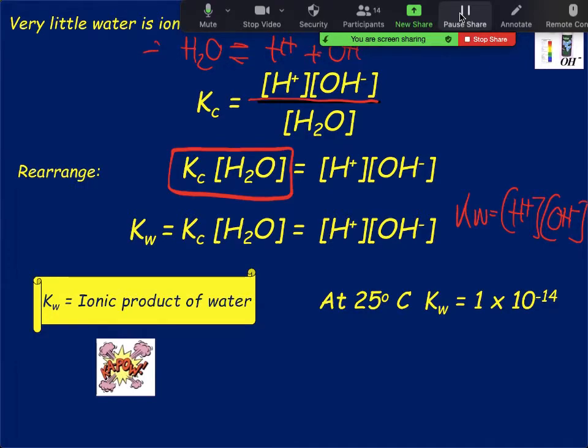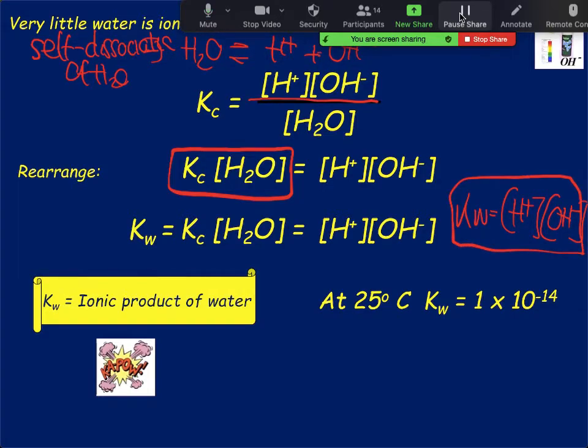So this is the self-dissociation of water, and this is your Kw, your ionic product of water.